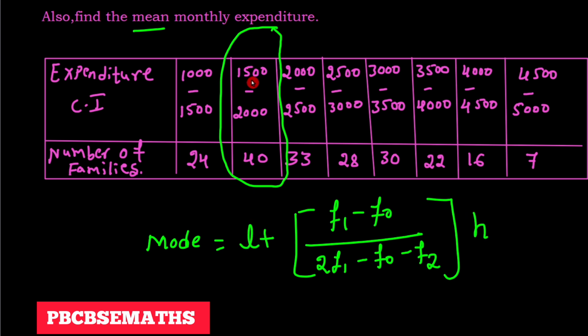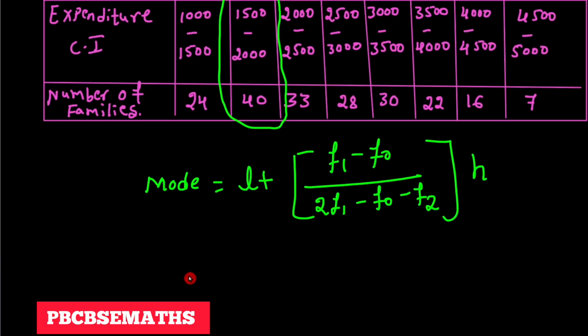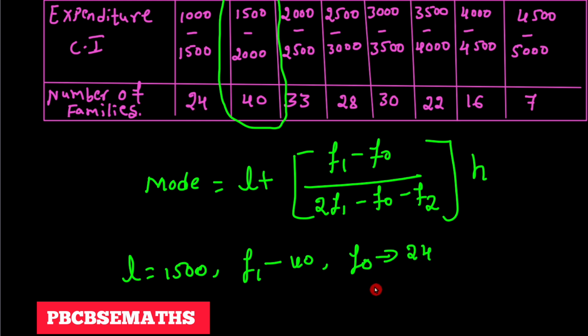So L, that means the lower limit of the modal class. The modal class is 1500 to 2000 because the highest frequency falls in this class interval. So the value of L is going to be 1500. Now let's find the value of F1, that is the frequency of the modal class, which is 40. Then F0, the frequency preceding this modal class, which is 24.